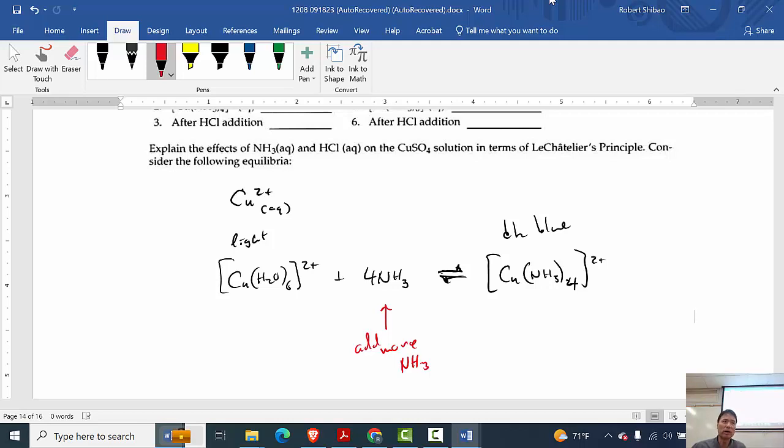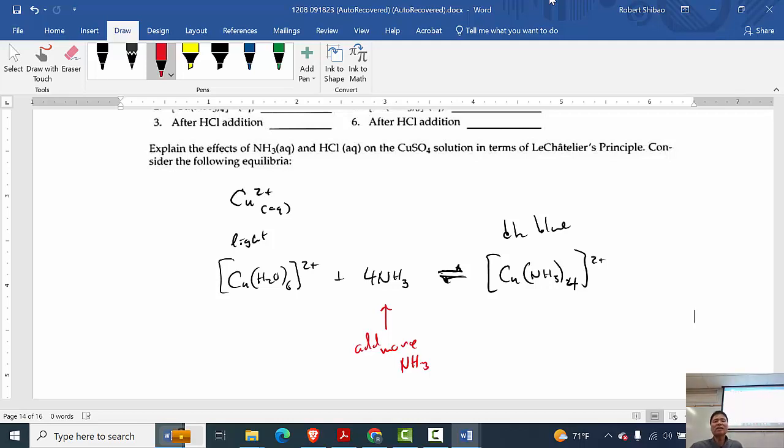What are some of the other chemical properties of ammonia? As far as metathesis goes, ammonia can hydrolyze water to produce a little bit of hydroxide. And a little bit of hydroxide will result in a precipitate of copper 2 hydroxide.